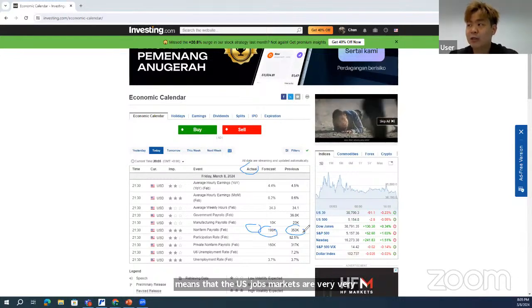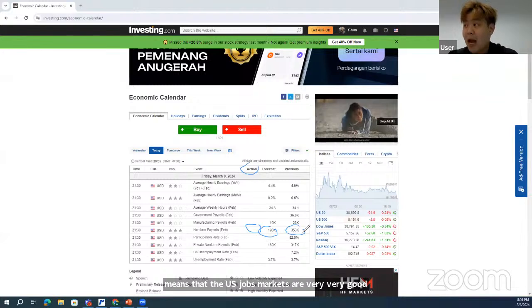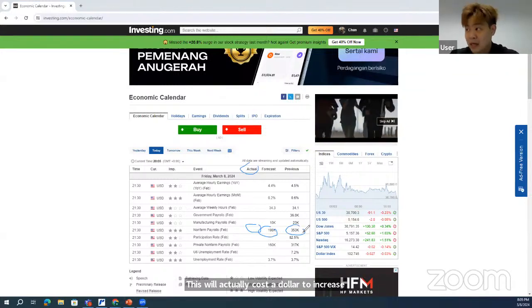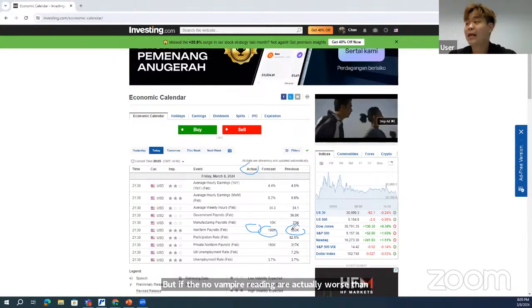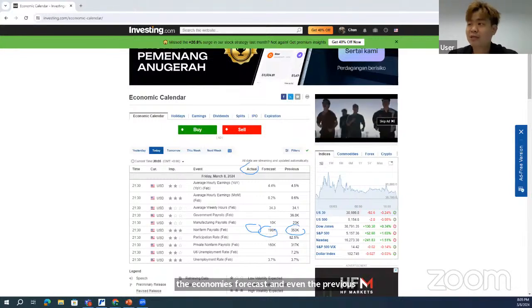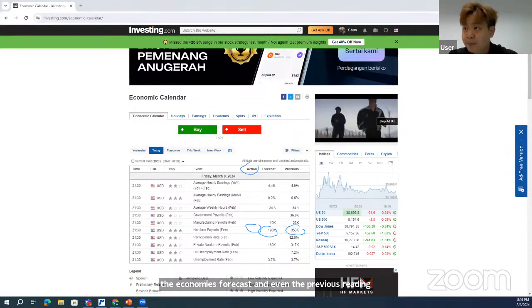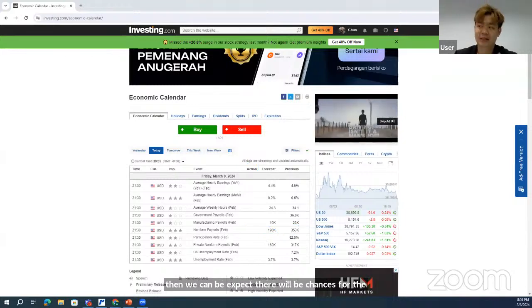This will cause the dollar to increase aggressively and lead to a slump in the gold market. But if the non-farm payroll reading is worse than the economist forecast and even the previous reading, then we can expect there will be chances for the dollar to slump further. Gold price might continue to extend its gain.